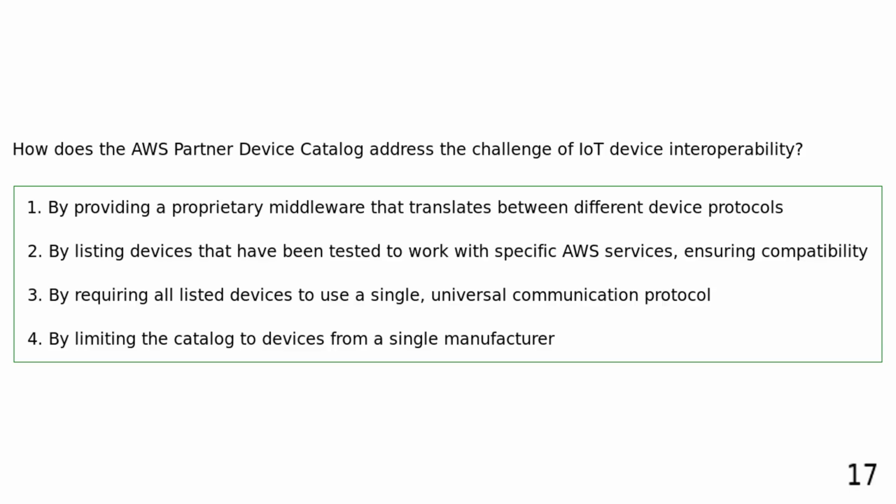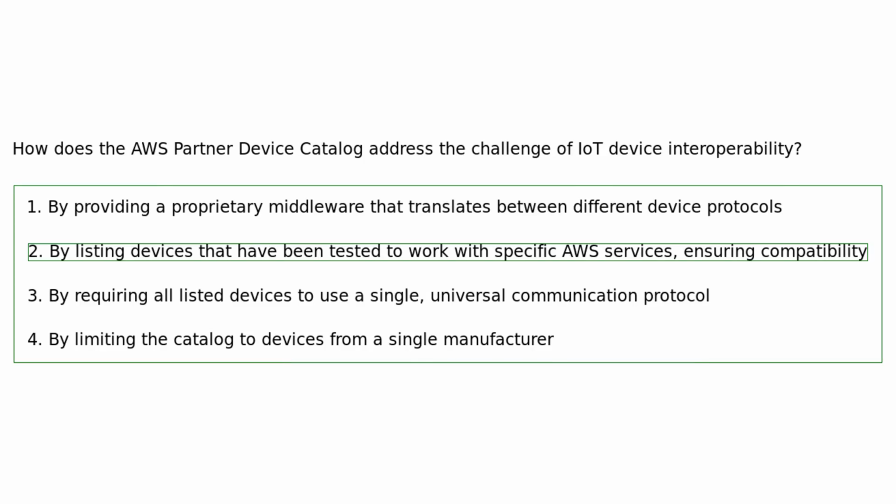By providing a proprietary middleware that translates between different device protocols. By listing devices that have been tested to work with specific AWS services, ensuring compatibility. By requiring all listed devices to use a single, universal communication protocol. By limiting the catalog to devices from a single manufacturer.